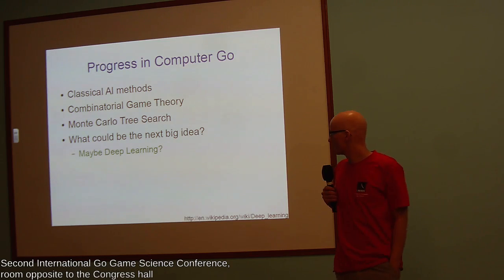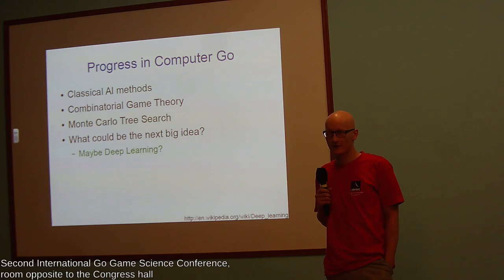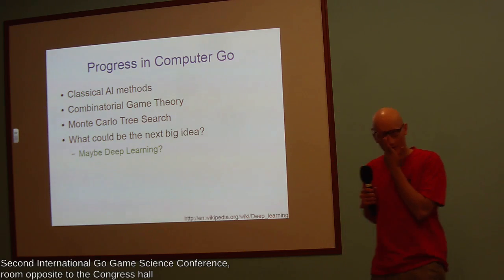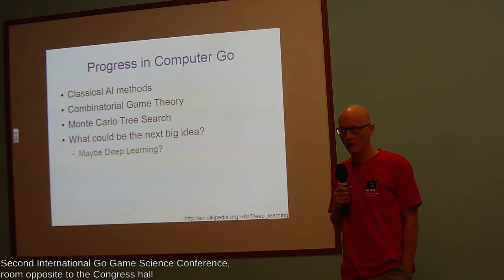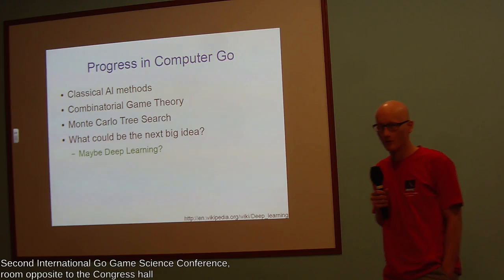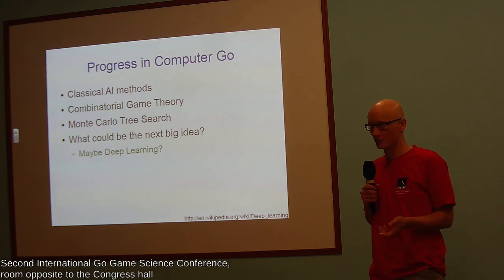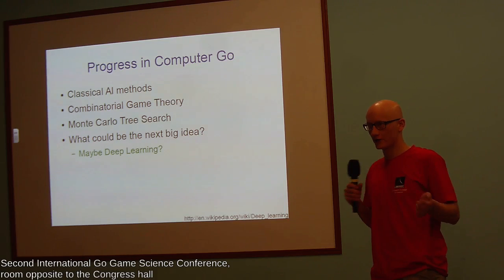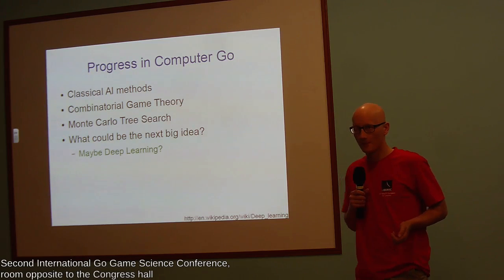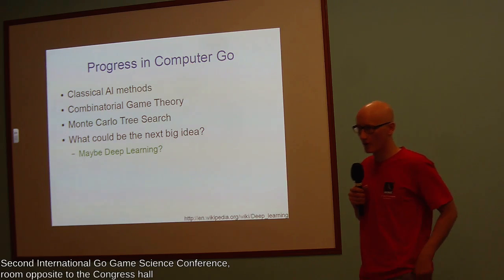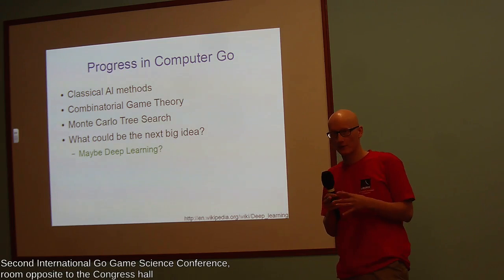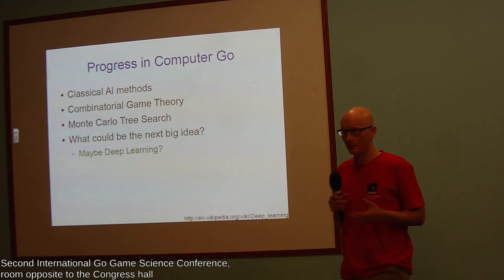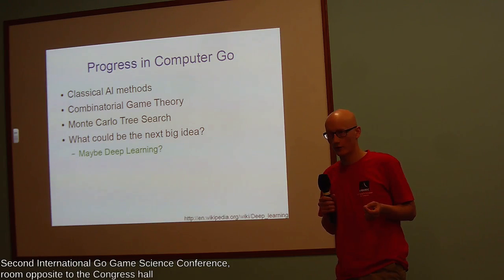At first there were classical AI methods such as alpha-beta search, which do not work well in Computer Go, mainly because the search space is very large, with a big branching factor. Unlike chess, Go has no simple evaluation function, so from a given position it is very hard to tell whether the position is good or not.